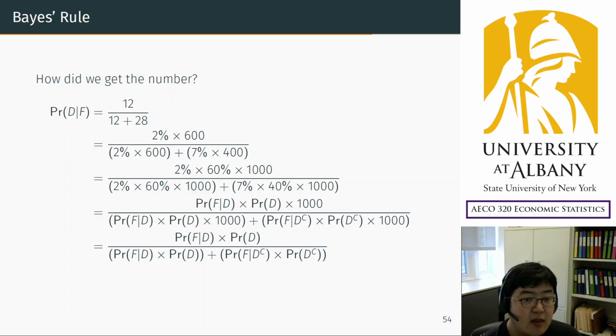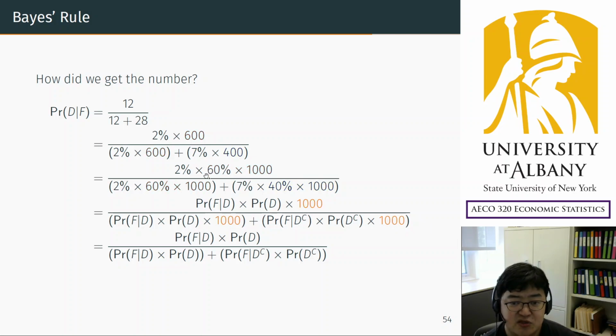So our final product was D given F, which is 12 out of 40. 12 out of 40. And as we did before, we know 12 is from this, 28 is from this, and 600 and 400 from these numbers.